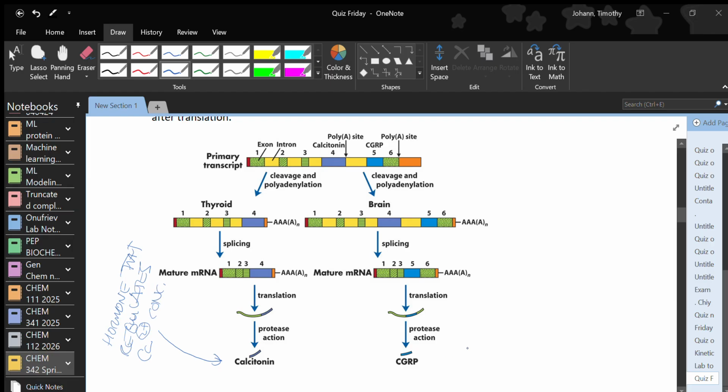Okay, and this other thing over here, in the brain, we have various splicing. So now we end up with exons 1, 2, 3, 5, and 6, and this is something called CGRP. I didn't look up what it meant exactly, but this is a factor that's involved in migraines.